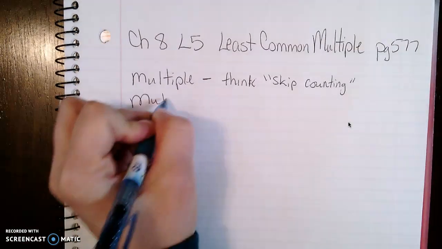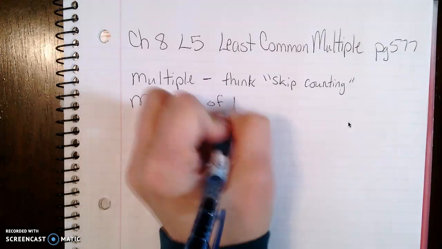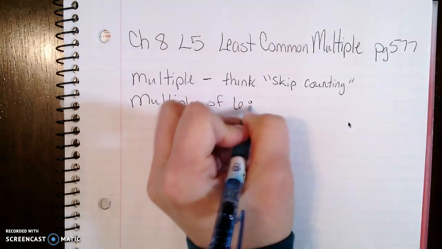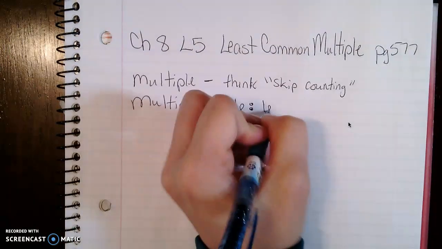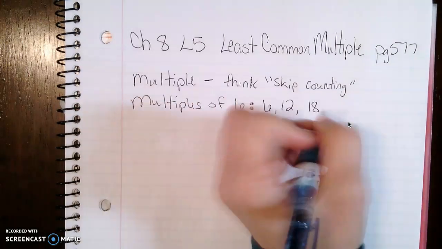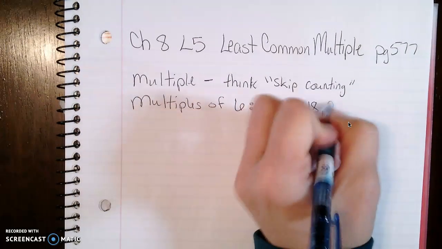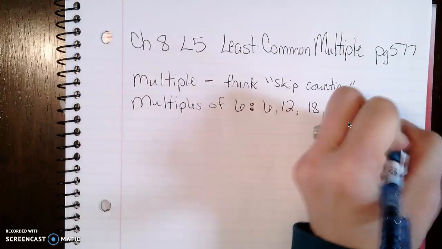So if we talked about multiples of 6, and we were asked to list them, we would think, okay, 6 times 1 is 6, 6 times 2 is 12, 6 times 3 is 18, 6 times 4 is 24, 6 times 5 is 30, 6 times 6 is 36, and on and on and on.